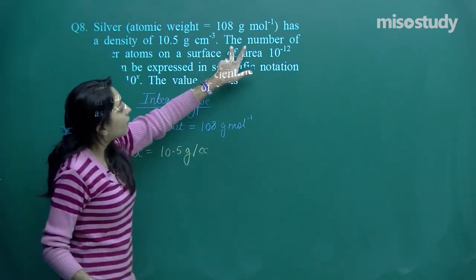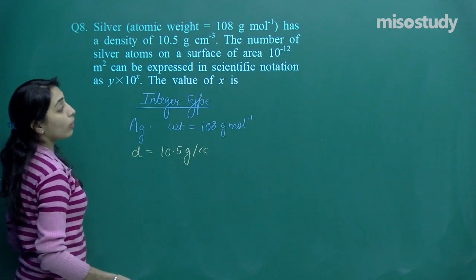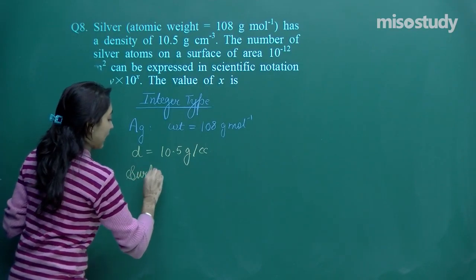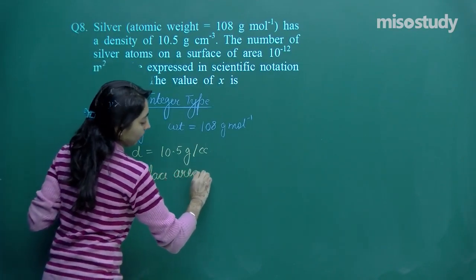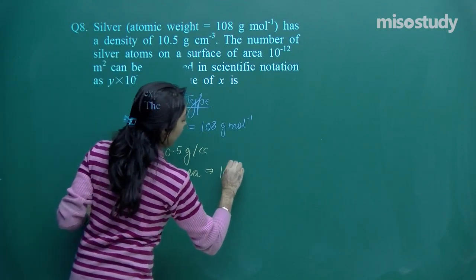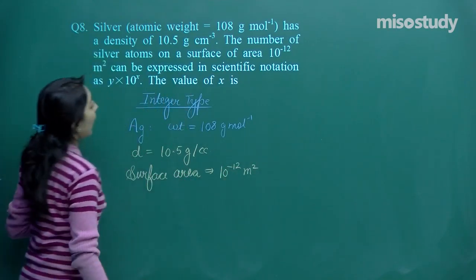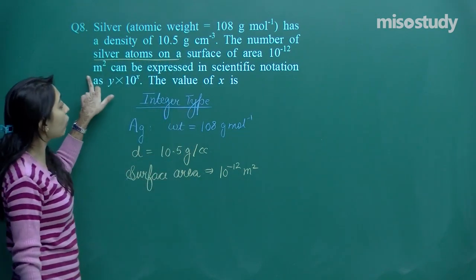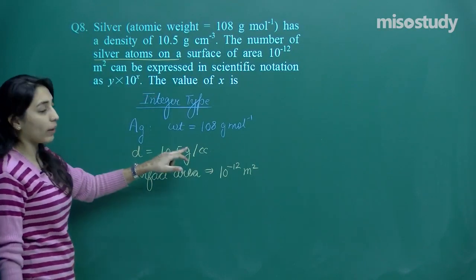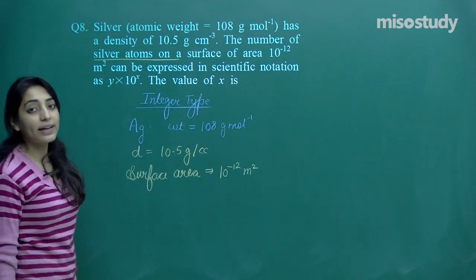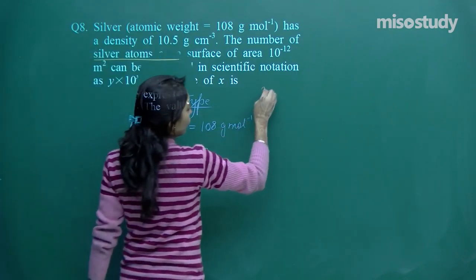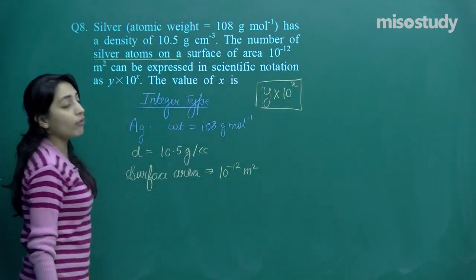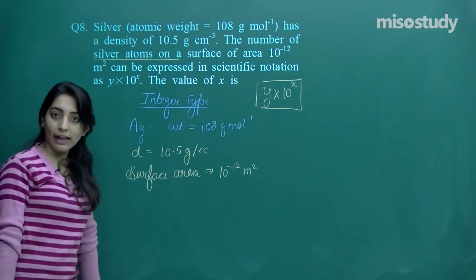The number of silver atoms on the surface area of 10 raised to the power minus 12 meters square. You need to calculate how many total number of silver atoms are there on the surface area of 10 raised to the power minus 12 meters square, and you need to express them in the scientific notation as y into 10 raised to the power x. And I have asked you to simply calculate the value of x. What is the value of x? This is what we need to calculate.